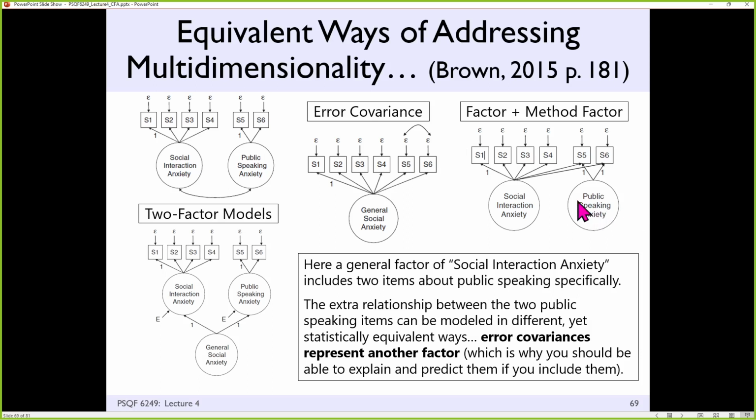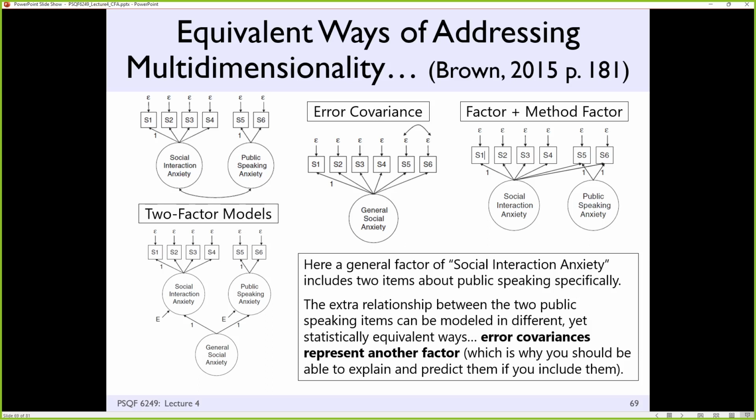Now this one in particular, the label is misleading, I think, because these 2 items still load on social interaction anxiety. So this is not public speaking. This is whatever part of public speaking is above and beyond social anxiety.